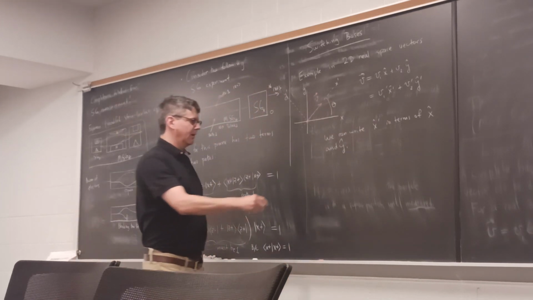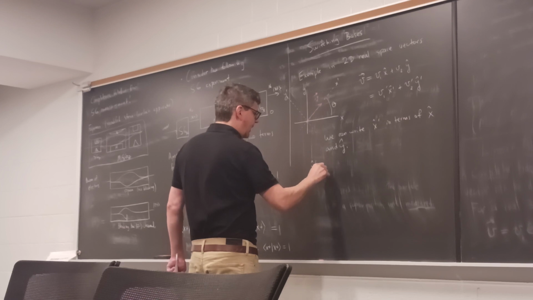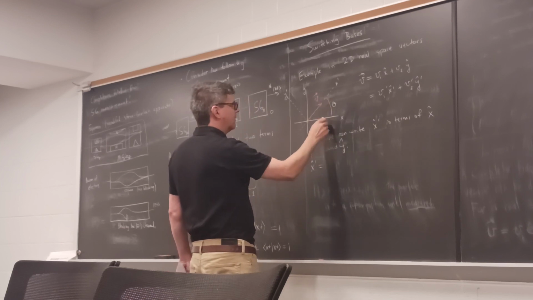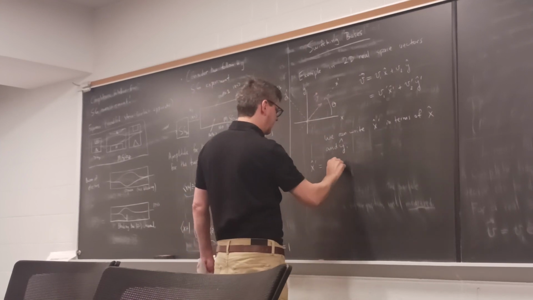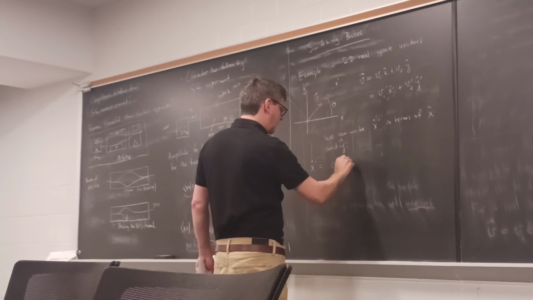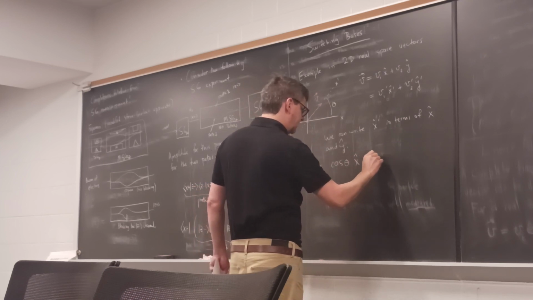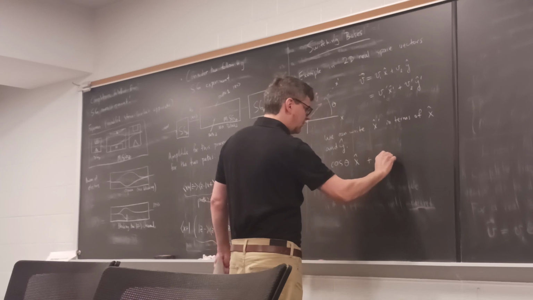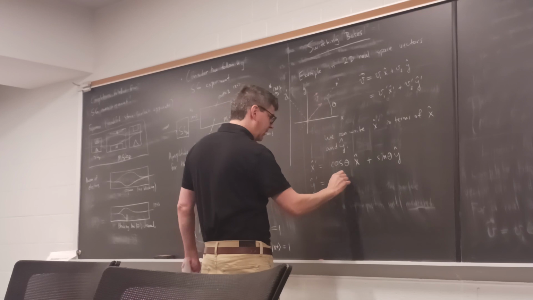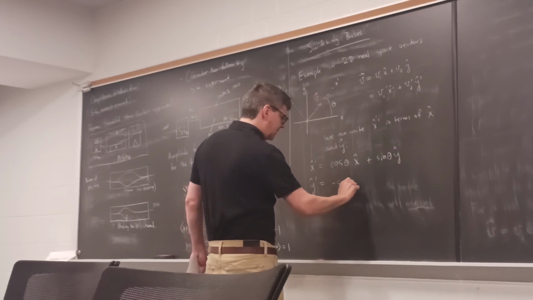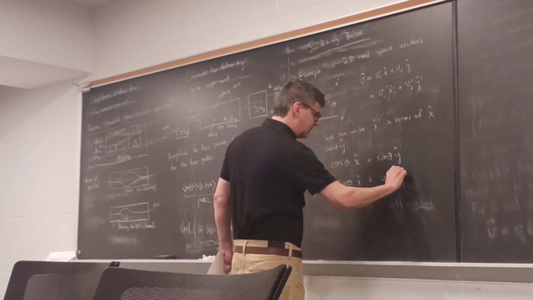So we can write x hat prime will be cosine theta x hat plus sine theta y hat, and then y hat prime would be minus sine theta x hat plus cosine theta y hat.